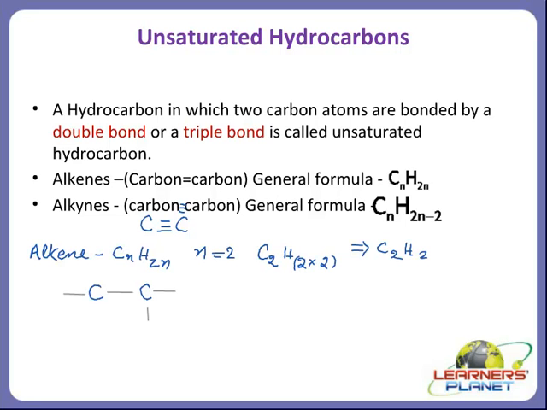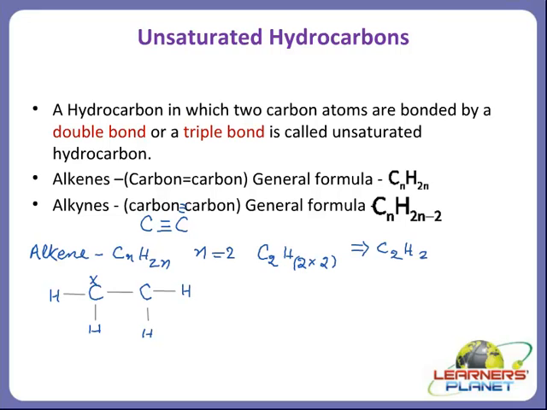That is, each carbon is bonded to 2 hydrogen atoms. Now let's put the hydrogens here. This is 1, this is 2, this is 3 and this is 4. So, now is the tetravalency of carbon complete? There is still one electron left with both of them.